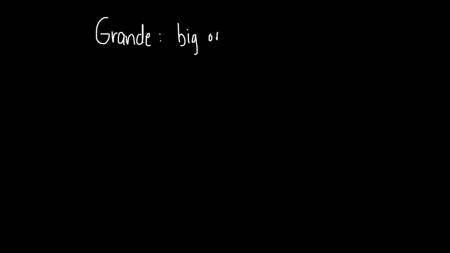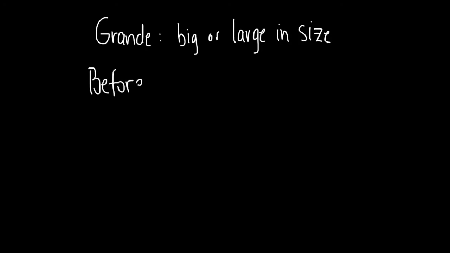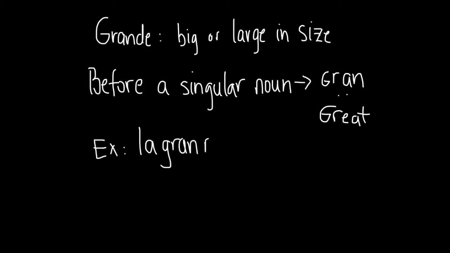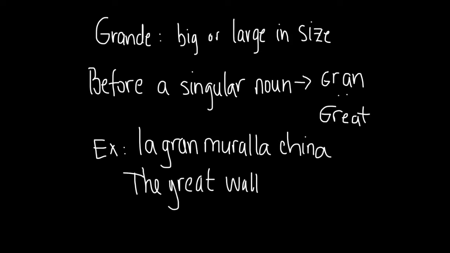Same thing with the word grande, which means big or large in size. So when grande is placed before a singular noun, the word becomes gran, but it changes the meaning to great. So for example, la gran muralla china means the Great Wall of China.